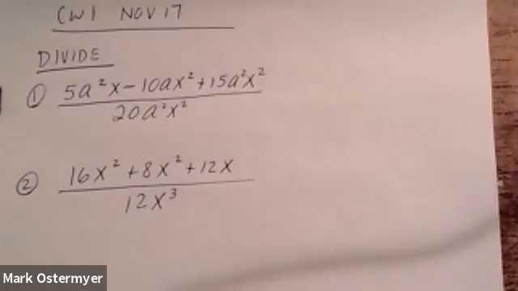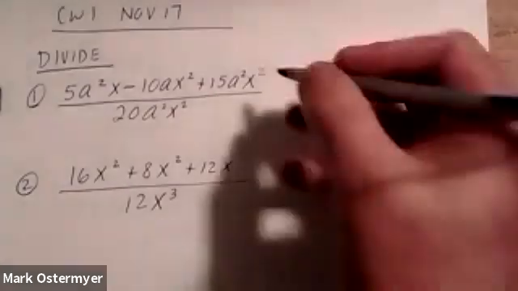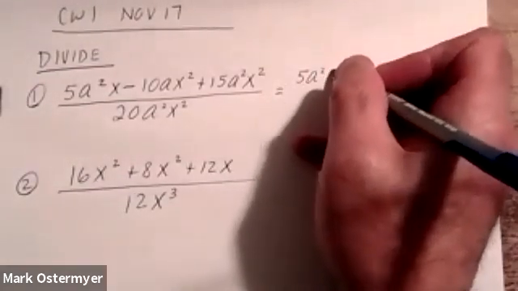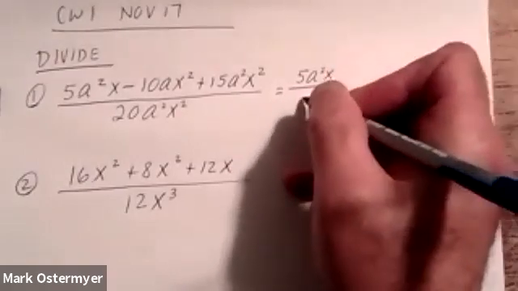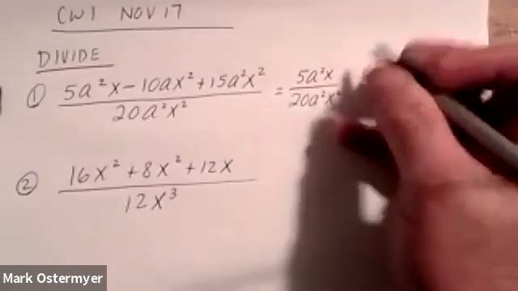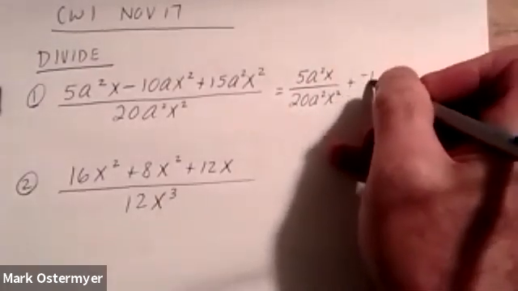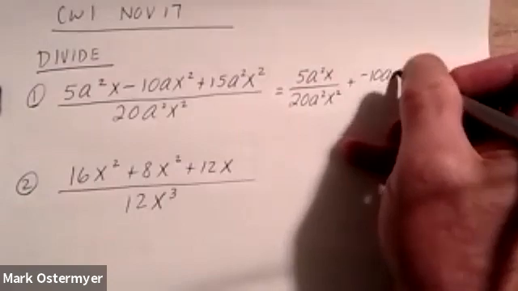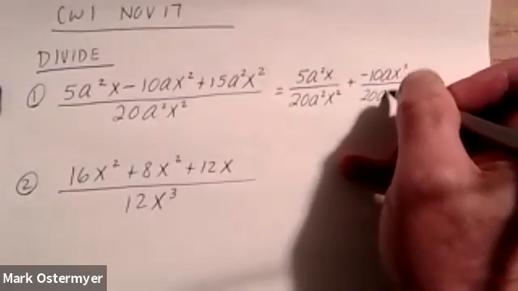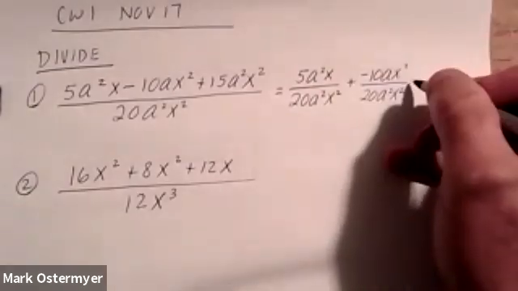Okay, so dividing a polynomial by a monomial, we can split this up, and place each term over the denominator. And then it comes down to, can we reduce a monomial over a monomial?